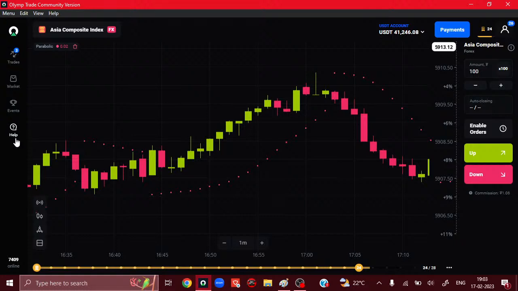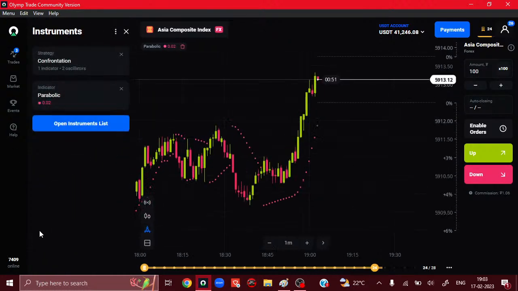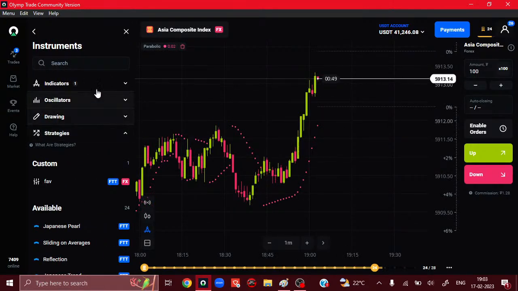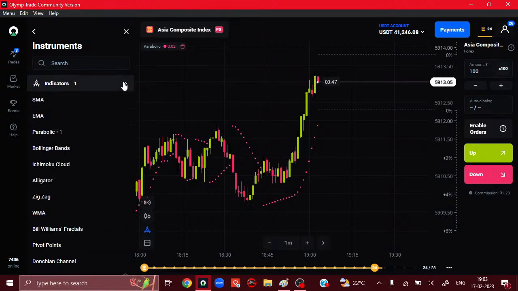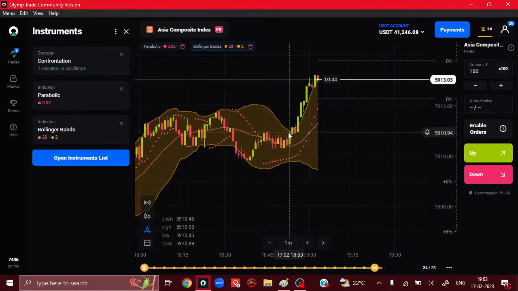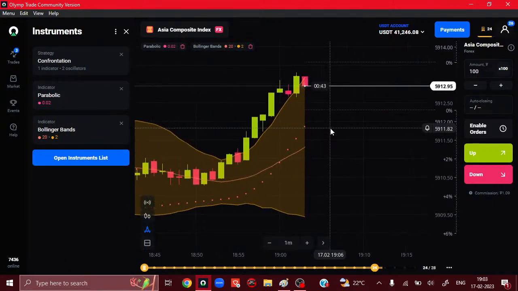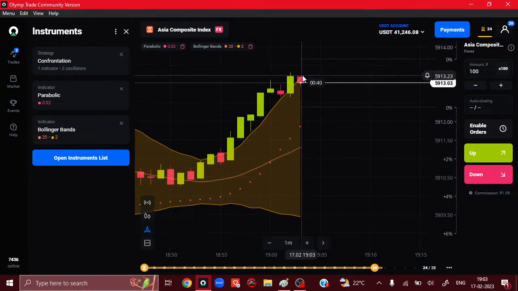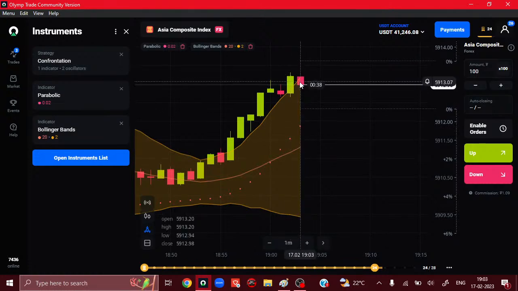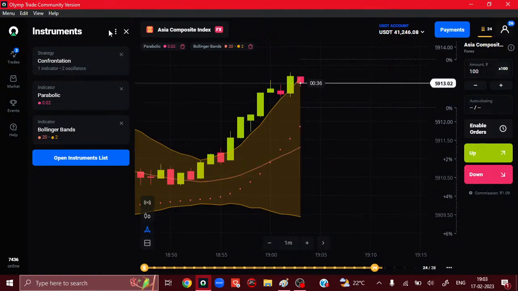Let me talk about the Bollinger Bands in brief. So whenever the price is going out of the band here, and as soon as another candle closes inside the band, that is the entry point.